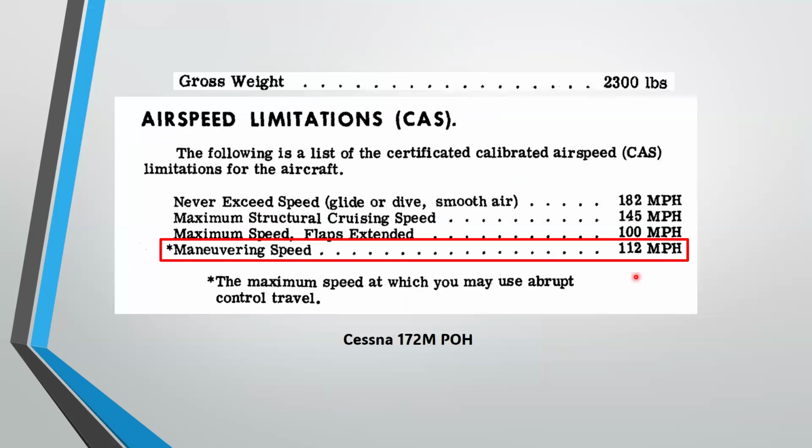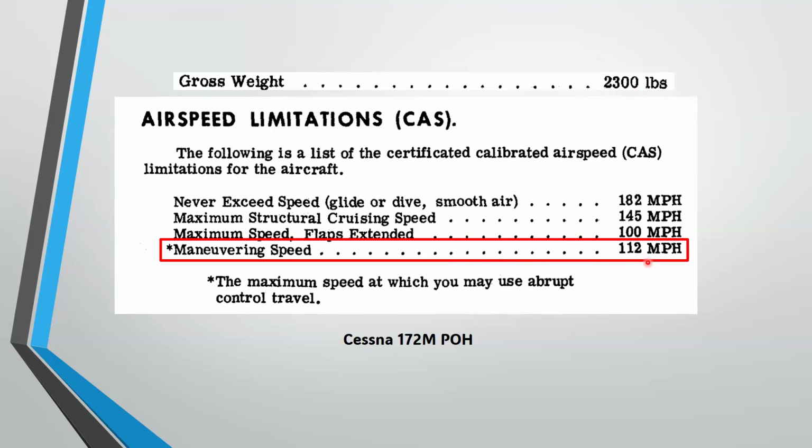Another way this formula can be used is if we look at the POH for a Cessna 172M, which comes from the factory with a 160 horsepower engine. Its maximum gross weight is 2,300 pounds, and the maneuvering speed at this weight is 112 miles per hour.